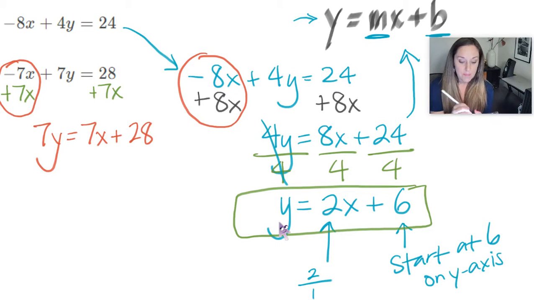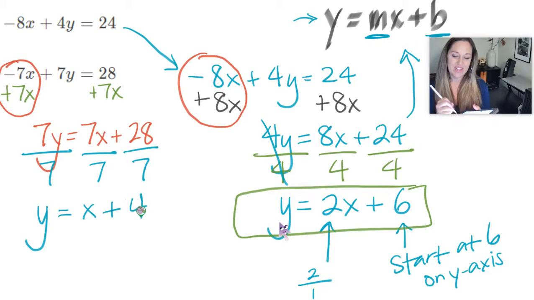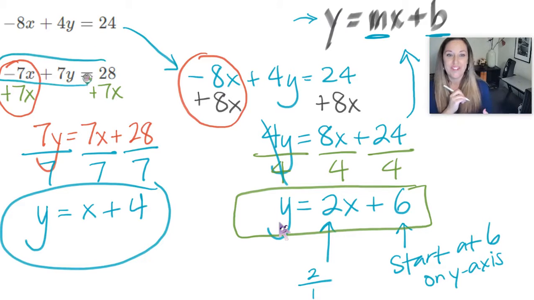They are multiplying by 7, therefore I am going to divide by 7, and you divide all the terms by 7. 7y divided by 7 is just y, or 1y, but we don't write that. And then 7x divided by 7 is just x, or 1x, but we don't write that. And then 28 divided by 7 is 4. So y equals x plus 4 is the same thing as this equation right here. It just looks a little different, okay?